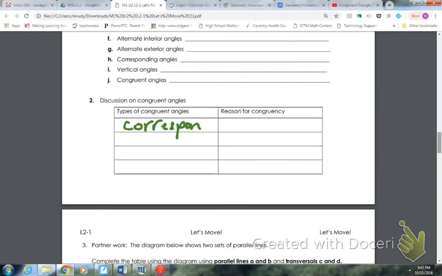If you think of the picture, if I take one of the angles and slide it down, we can explain congruency for corresponding angles as just a translation. We're sliding an angle up or down to match up, and it should match up perfectly. They would have the same degree.